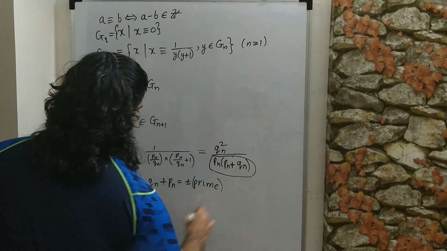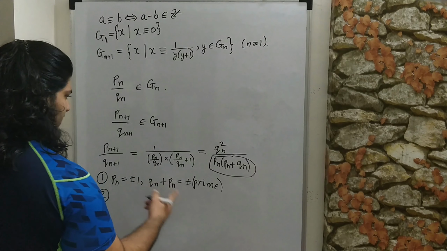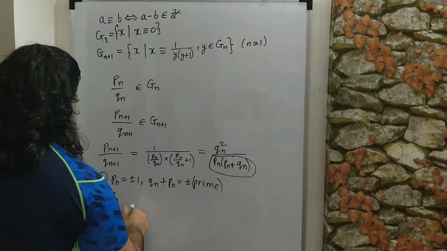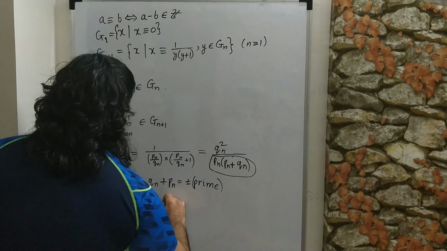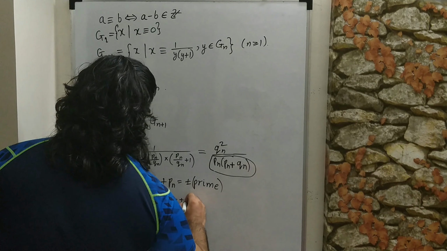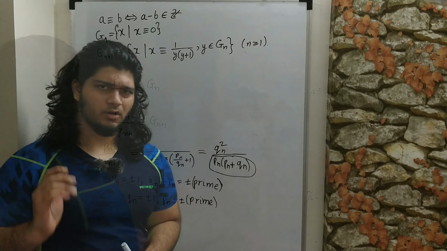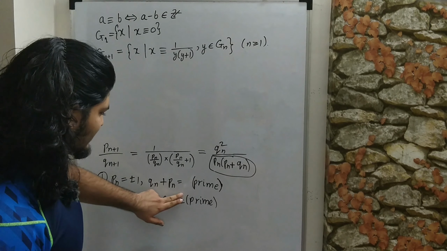So I'm just going to write prime to denote a prime number. And secondly, we have the case where p_n plus q_n is equal to plus minus 1 and p_n is equal to plus minus prime.